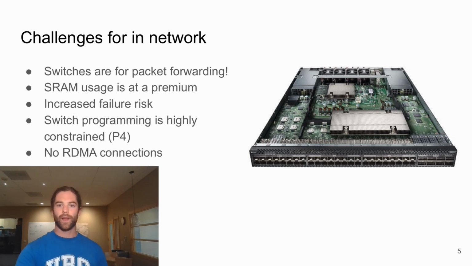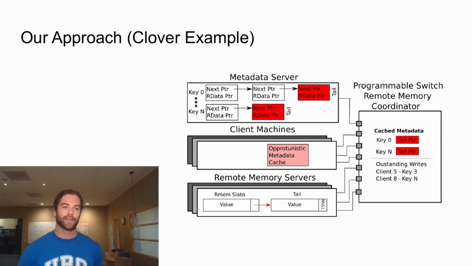And so without getting into too many of the details, we've implemented an algorithm which runs on a programmable switch that essentially deals with the read and write contention by acting as a proxy to maintain data structures in remote memory. And so we've implemented this on Clover, this key value store that I mentioned before. And what we've done is totally interposed on its protocol. And we keep a cache in network of the most relevant metadata when there are conflicts to shared regions.